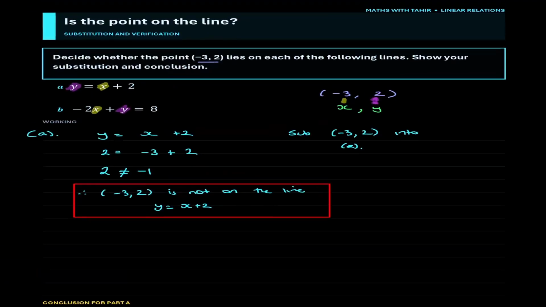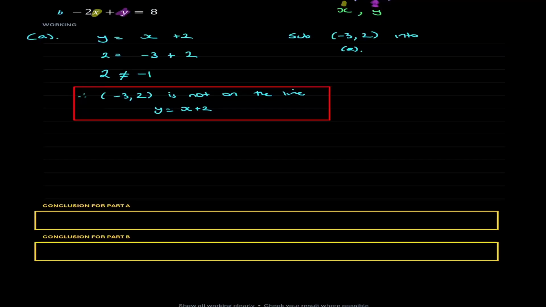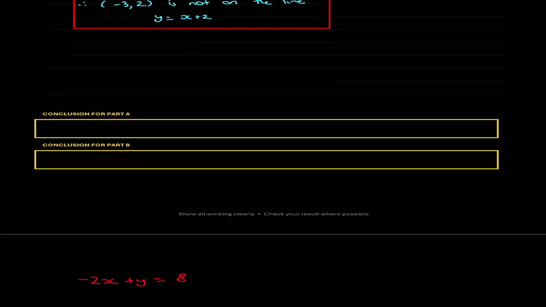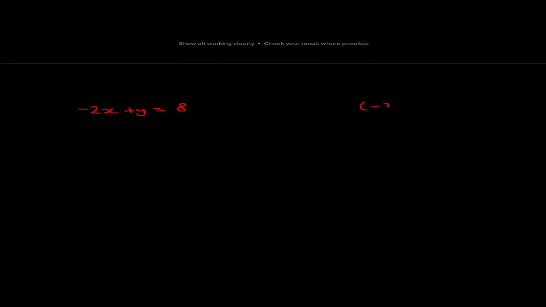Okay, so my next equation, my second equation is -2x plus y equals 8. And the point was -3, 2. So we wanted to know if the point -3, 2 is on that line.